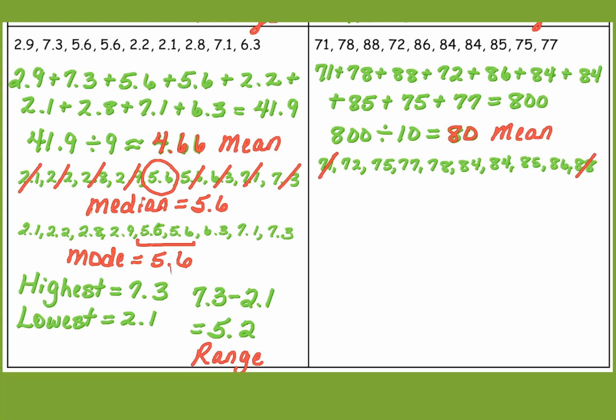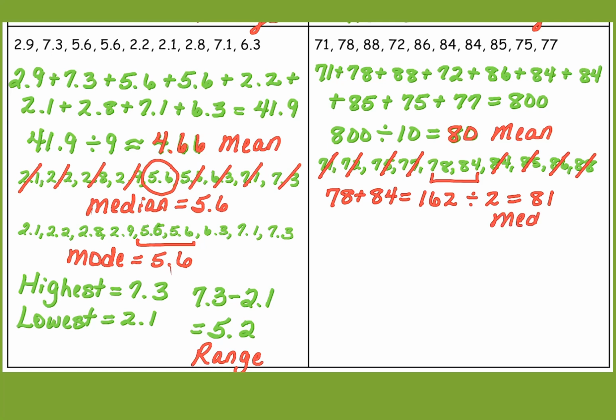Now let's mark them off: smallest, largest, smallest, largest, smallest, largest, smallest, largest. And we have two numbers here in the middle in our median, so we have to find the average of those. 78 plus 84 is equal to 162. Now, because we added two numbers, we want to divide by 2, which gives us a value of 81. So 81 would represent our median.